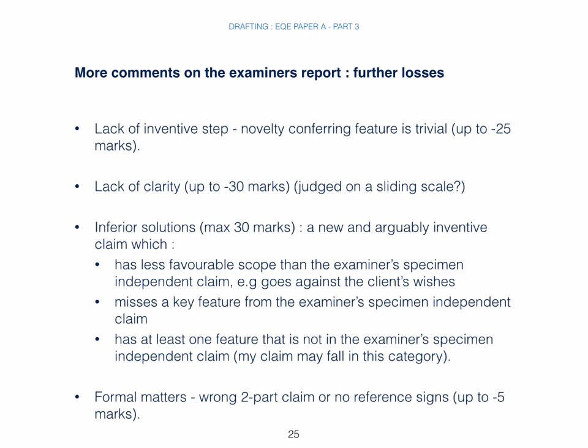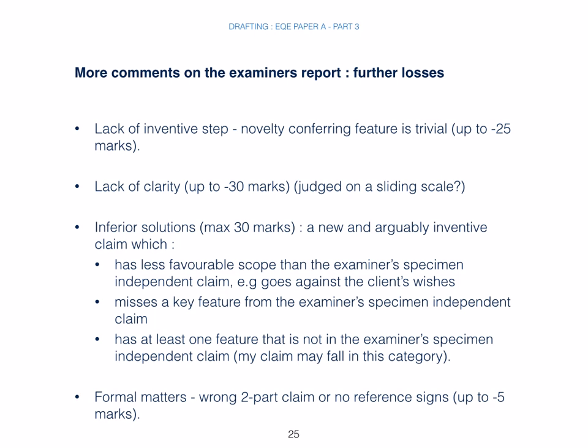The examiners also mention what they call inferior solutions, where you may gain a maximum of 20 marks. In other words, you may lose 20 or more marks. And an inferior solution will be a new and arguably inventive claim.